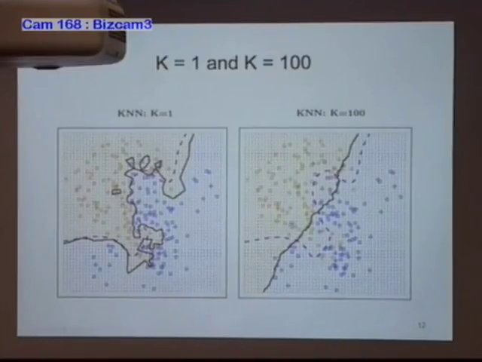On the other side, that's k being 100. I think this is 200 data points. K being 100 is very inflexible. It's basically drawing a roughly straight cut. So it's not flexible enough to capture this curvature, but it gets the main point correct. It's not perfect, but it gets the main point correct.